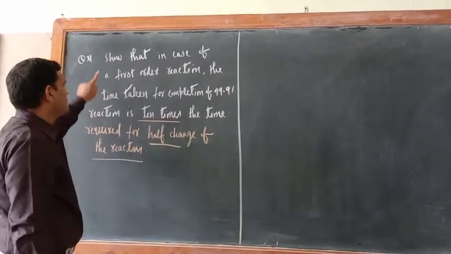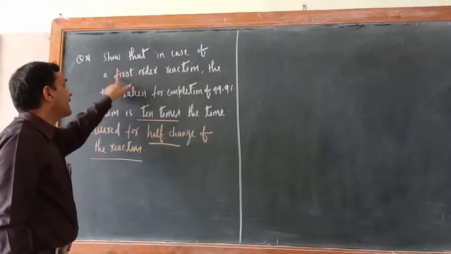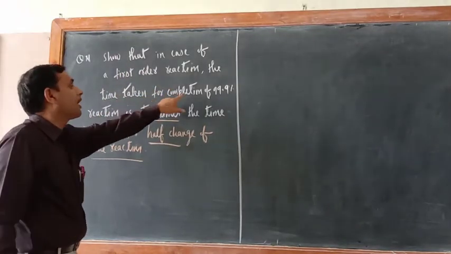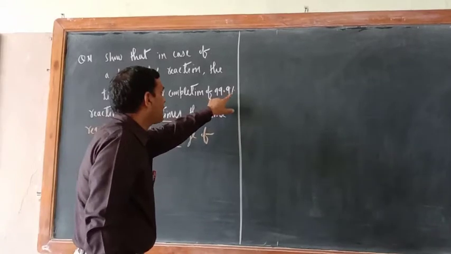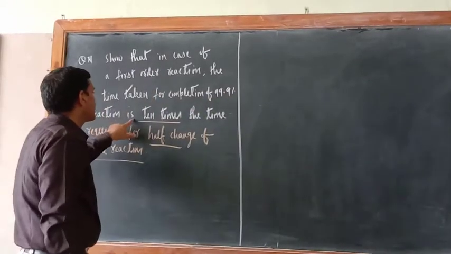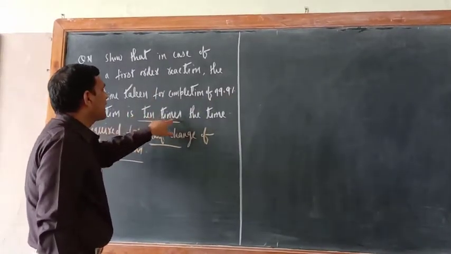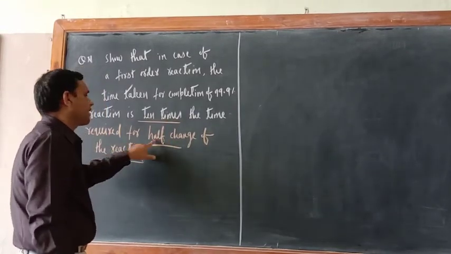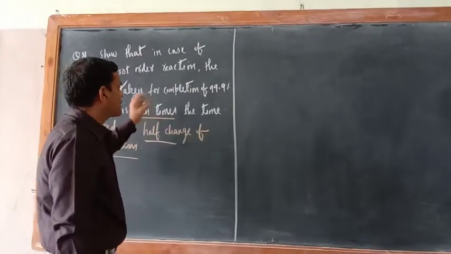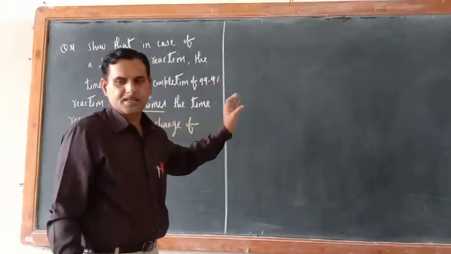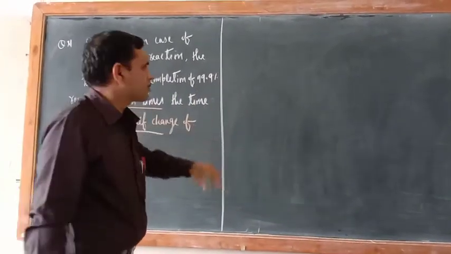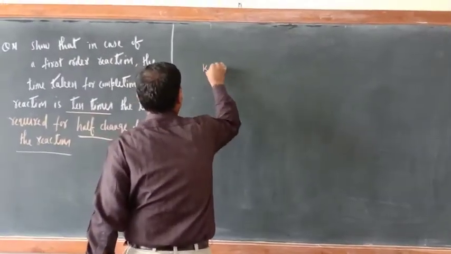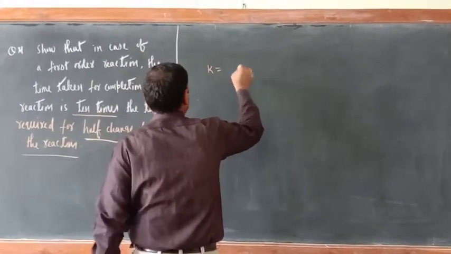So just see here, the data given is less and you have to solve it. So it is a first order reaction only. The k equal to, k is not given. So here what is there?